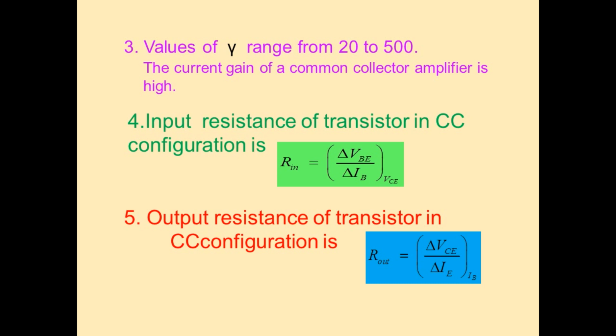The ratio of change in voltage across base and emitter to the change in base current is defined as input resistance of a transistor.